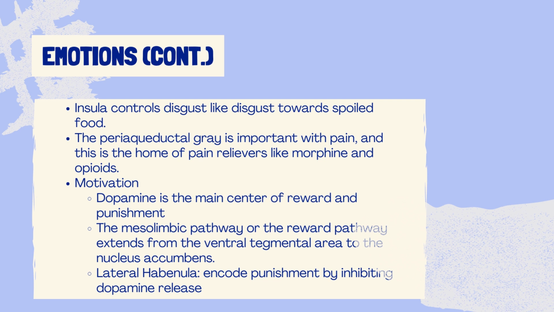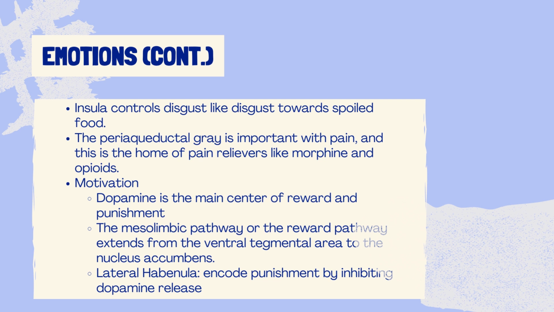The mesolimbic pathway, or the reward pathway, extends from the ventral tegmental area to the nucleus accumbens, and that's where the dopamine goes through. For example, when you eat a piece of candy, that activates dopamine, which gives you pleasure, like we talked about in the previous video with Parkinson's disease, which has a lack of dopamine in the substantia nigra.